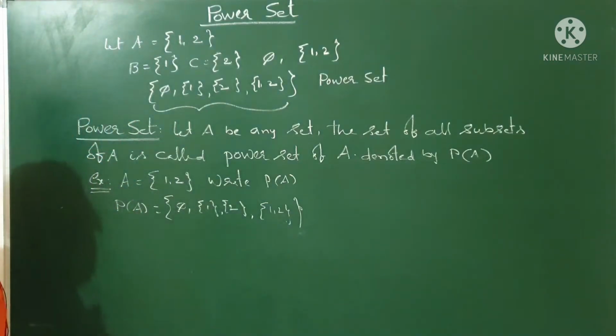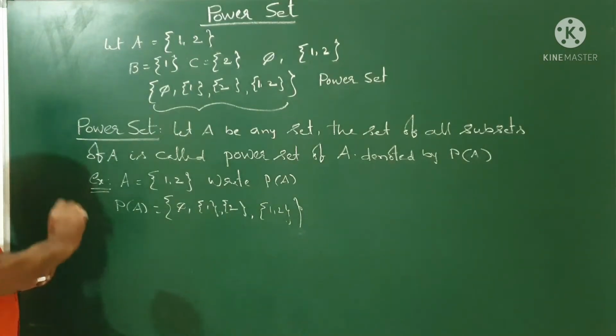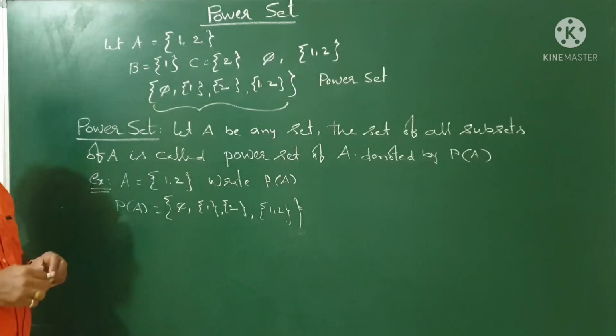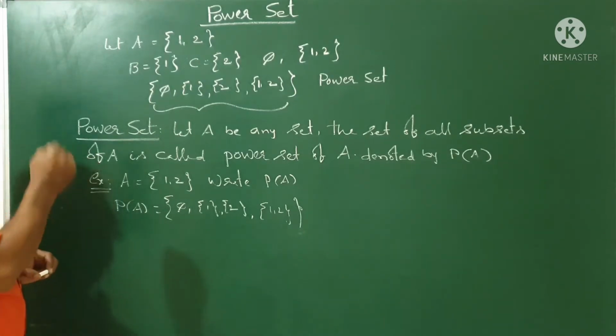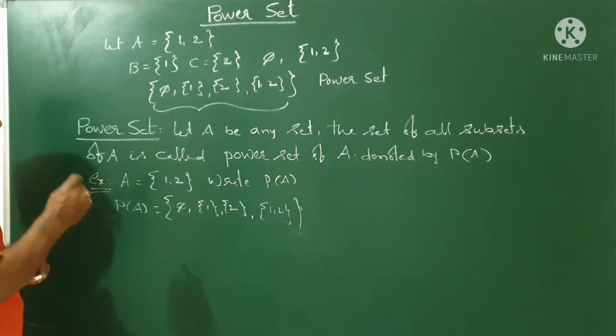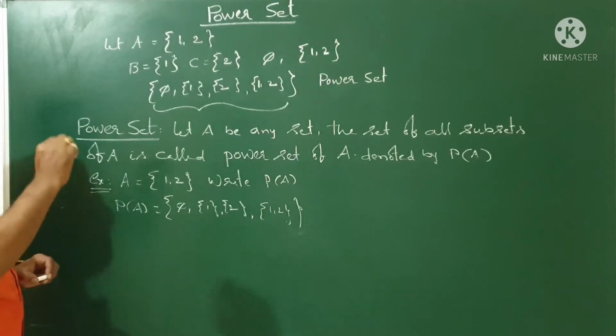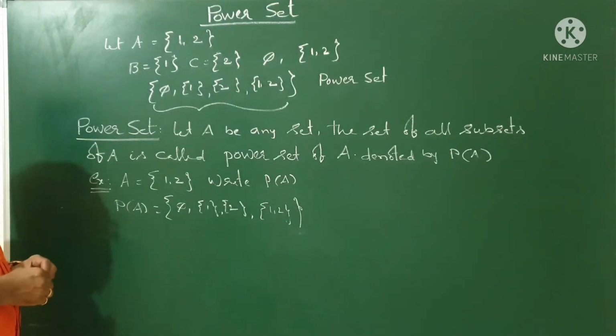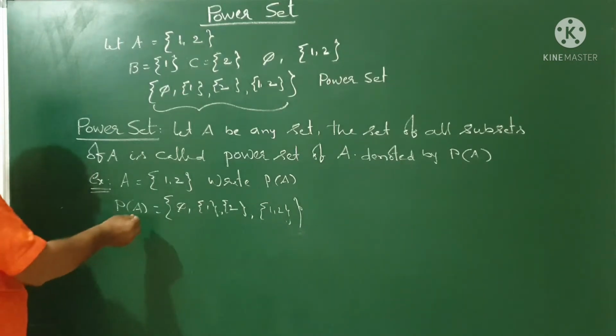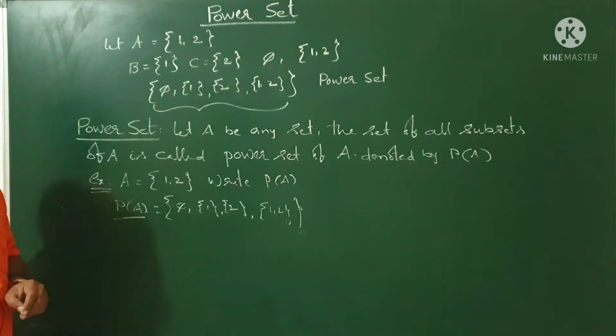Now my next concept is, without making the list of elements of P of A, again repeat, without making the list of subsets of A, that means the power set of A, can I find the number of elements in P of A? This is my next concept.